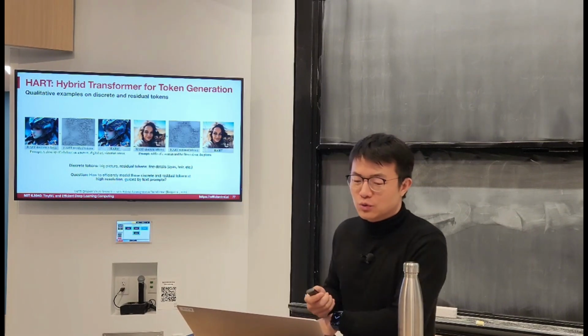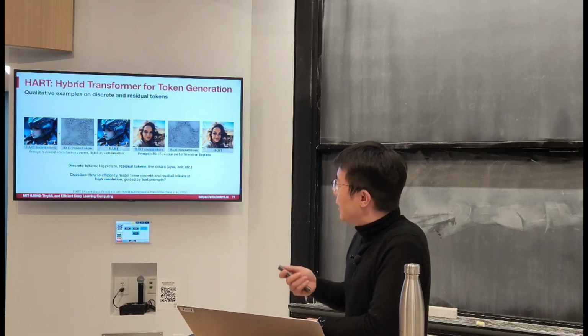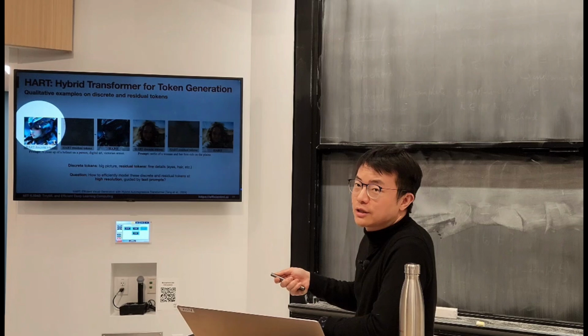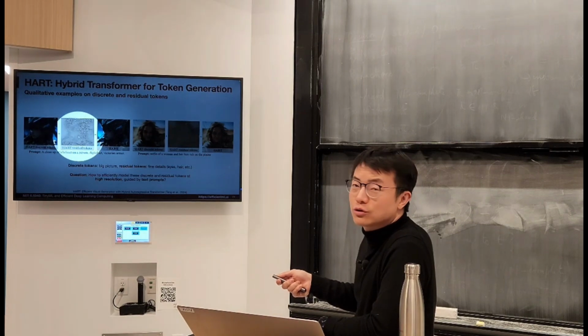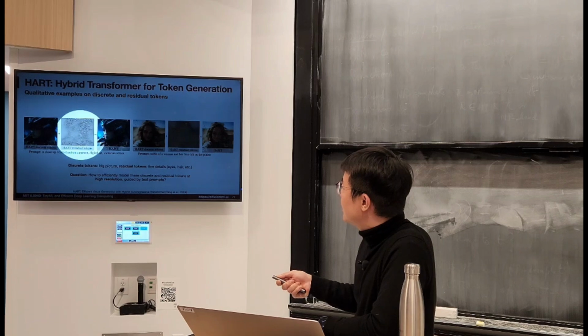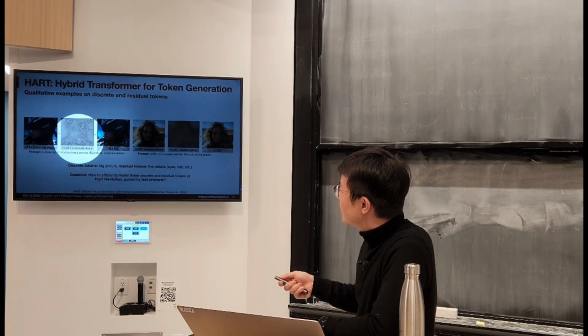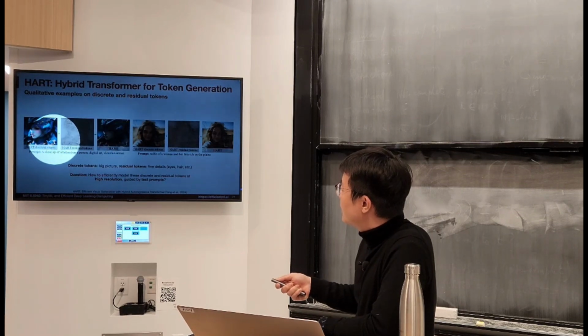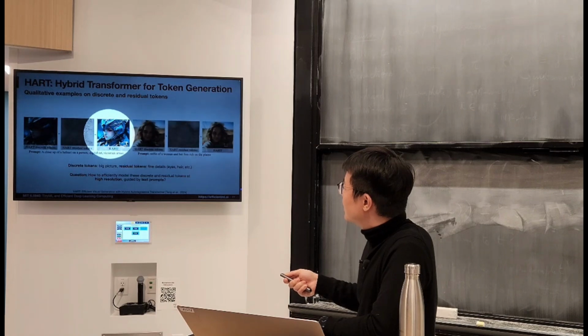And let's see what we are trying to learn from the discrete token, which is basically the big picture, versus the residual token, which is learned by a very small diffusion model. We can hardly tell, but it's roughly the fine-grained details. If we combine the discrete token and the residual token together, it can give you very fine-grained detail.